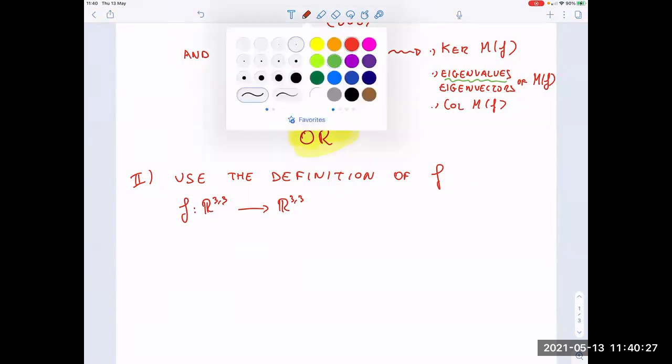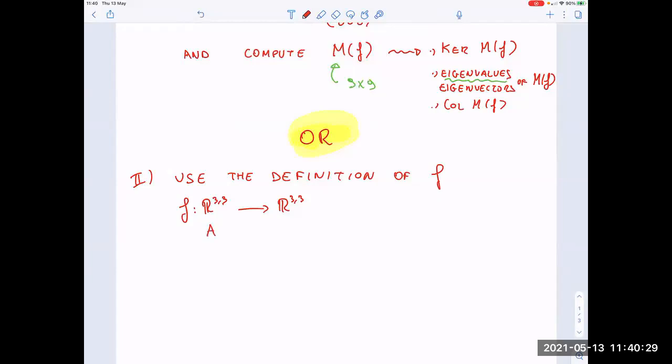And how is the map defined? It carries A into A plus its transpose. So what is the kernel of F? The kernel of F is given by all matrices such that A plus A transpose is 0.